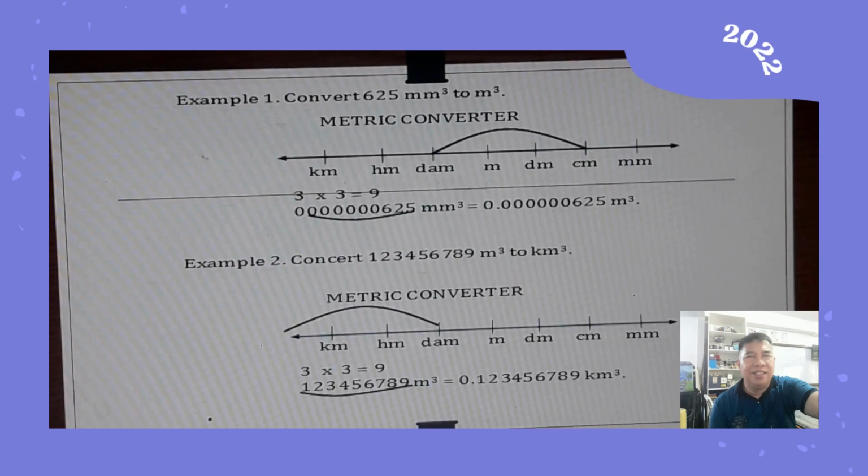For example, you're required to convert 625 cubic millimeters to cubic meters. I think there is a movement of the arrow here.